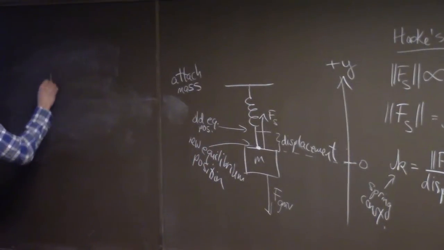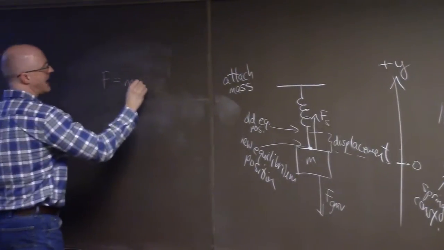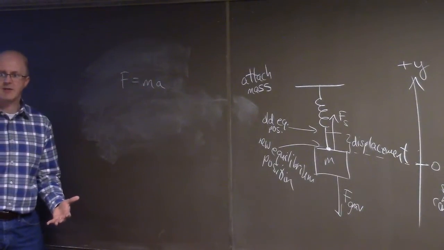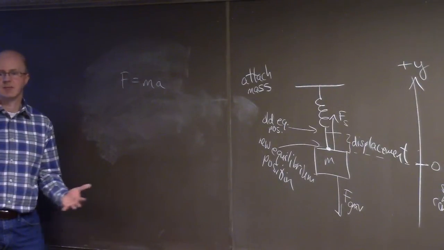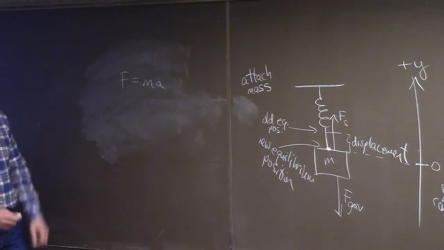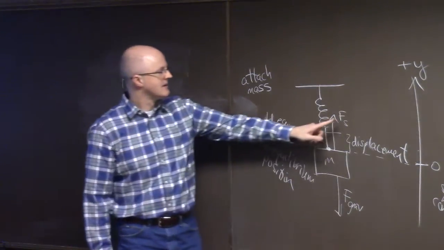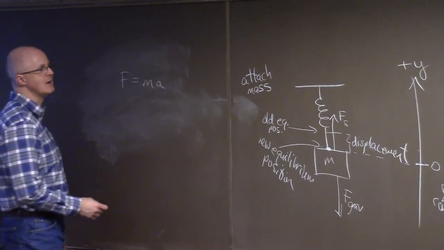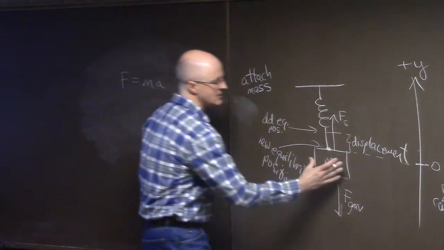As far as changing the F equals ma equation into a form we can work with, we can ignore gravity at this point, it turns out. You have to prove that, but we can ignore gravity again. Just focus on that restoring force, and that restoring force is proportional to the new displacement.